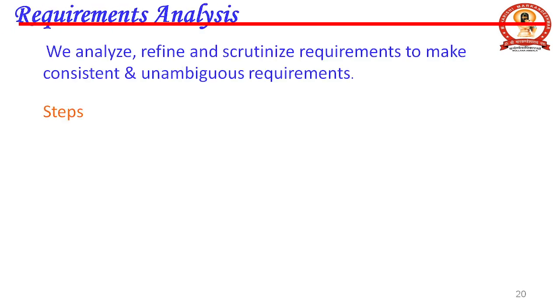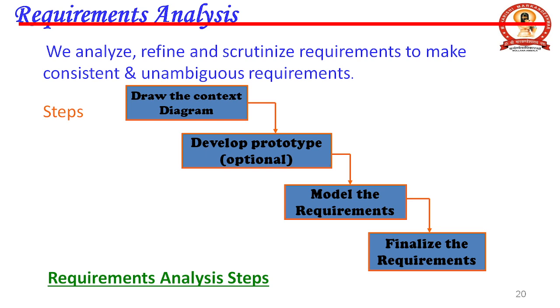Then after, we have analysis of the requirement. For the analysis, what is to be there? Whatever we have made, we have to analyze, refine that structure, and scrutinize the data according to the requirement. What is more important is that the document must be consistent every cycle, it should give the same result. And the requirement must be unambiguous, because some requirements have multiple meanings, and in their own way there may be different interpretations of the requirement.